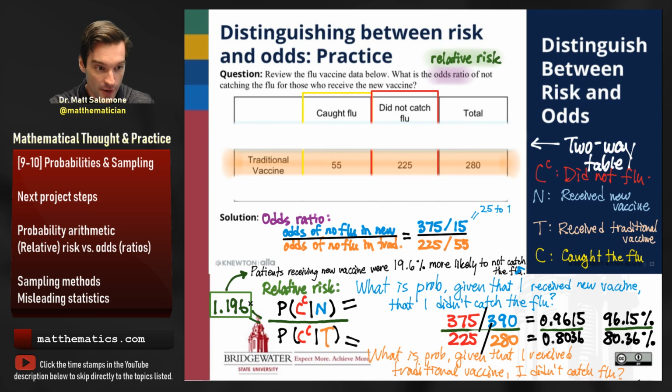Okay, and then for the other group, 225 over 55, if I look at that fraction, that would be 45 to 11. Kind of a nasty, reduced fraction. Whatever. It's a weird way to report odds, but it's a very common way to report odds. But if I'm looking for the odds ratio, I would be dividing those fractions one by another. So probably easiest if I just make them into numbers instead of sentences.